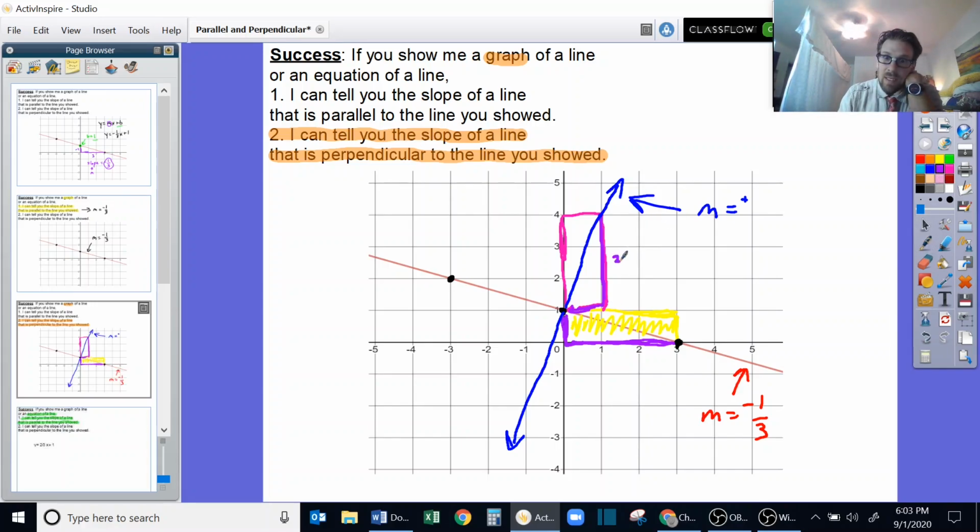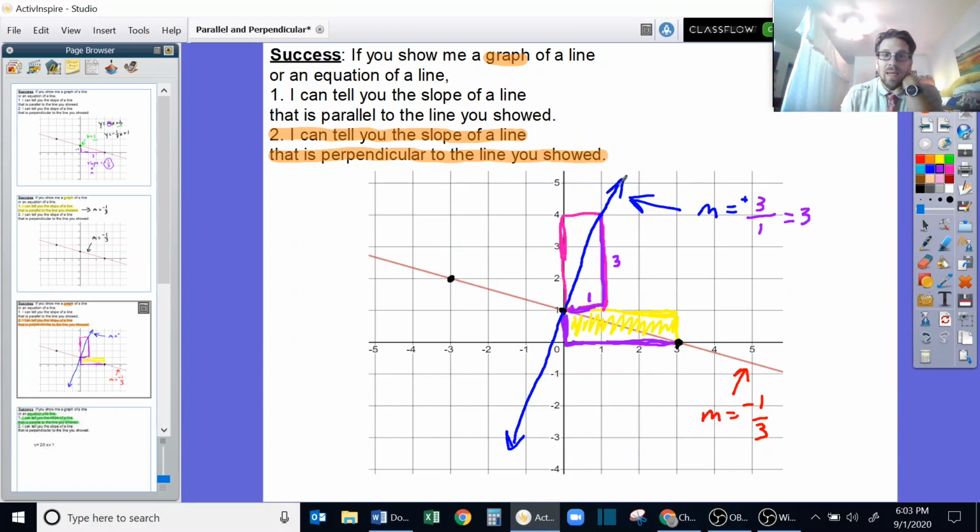My rise here is 3, and my run for that new perpendicular line is 1. So instead of having a slope of -1/3, the line that is perpendicular to that original line has a slope of 3/1, or we could say it has a slope of 3.